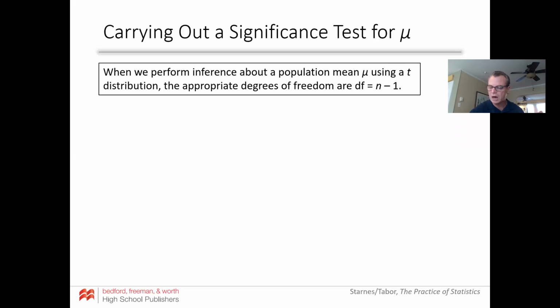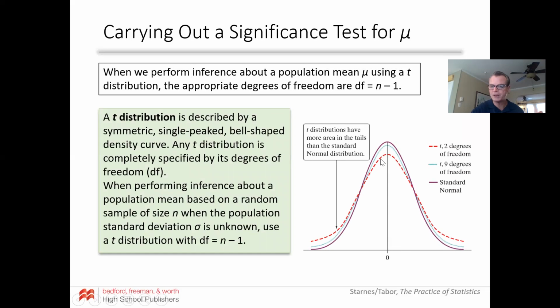Degrees of freedom. For the context of what we're doing, the degrees of freedom are one less than the sample size. If you need to review this, you come back to section 8.3, which was a confidence interval about a mean. That's when they introduced degrees of freedom to you. And again, this picture was in chapter 8. So the standard normal curve is the purple curve. You push down on the purple curve depending on the degrees of freedom.